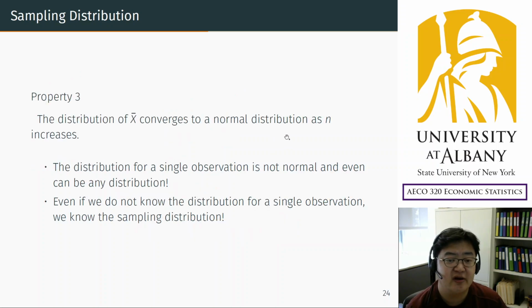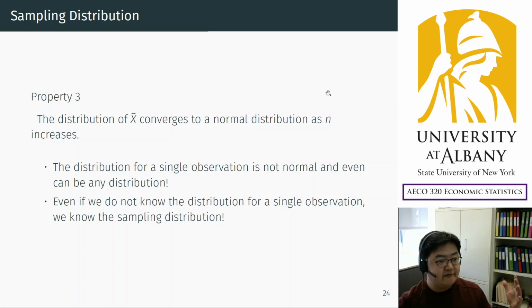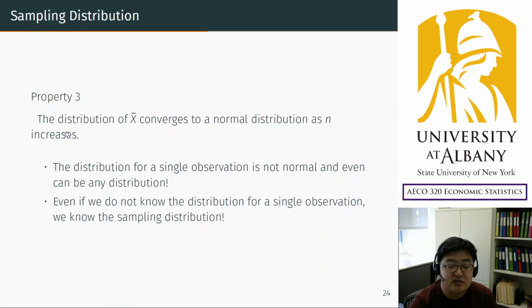Okay? And finally, pattern 3. The distribution of x bar converges to a normal distribution as the sample size increases. As the scale of a single experiment increases, the sampling distribution of the average converges to a normal distribution, which was clear from the graph.